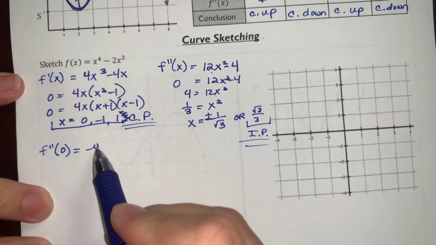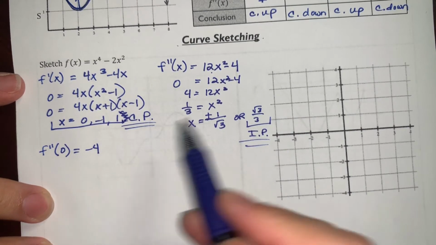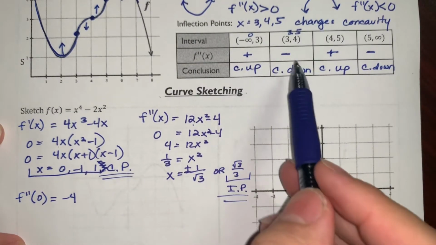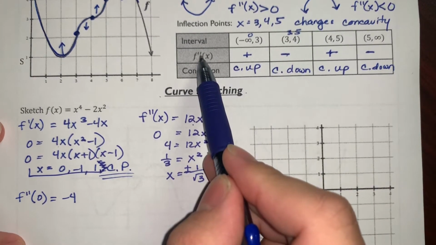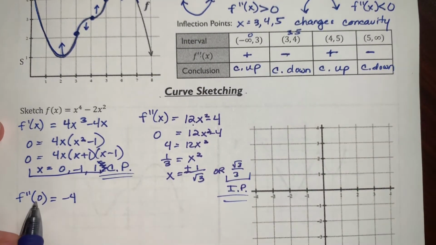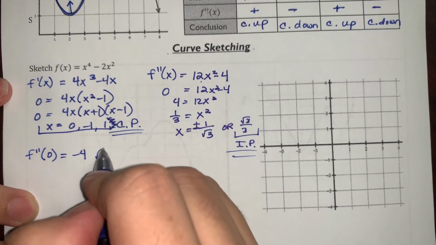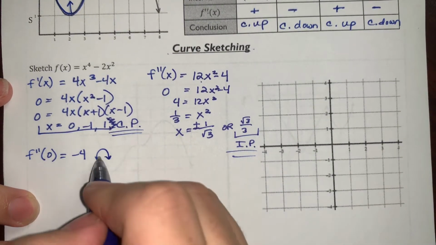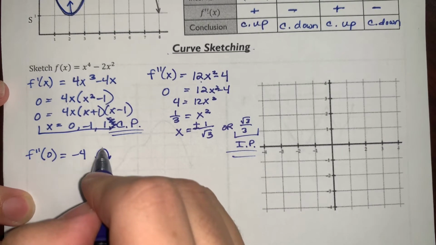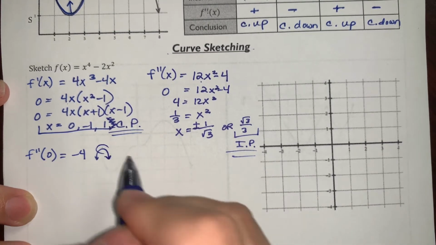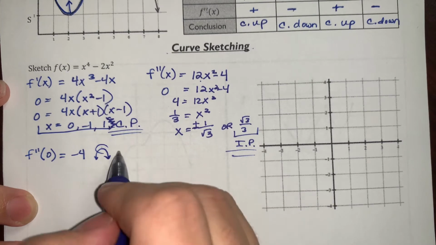So when I plug in 0 and get a negative value, like I was saying up here, that's telling you that at 0 the function is concave down. And since that's a critical point of the function, doesn't that indicate that you have a relative maximum there?